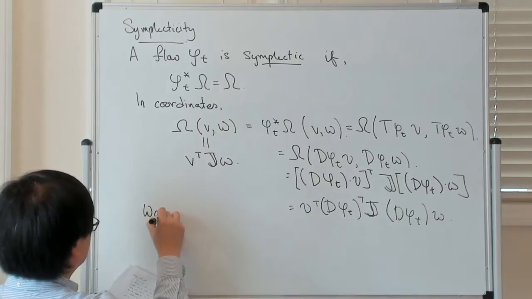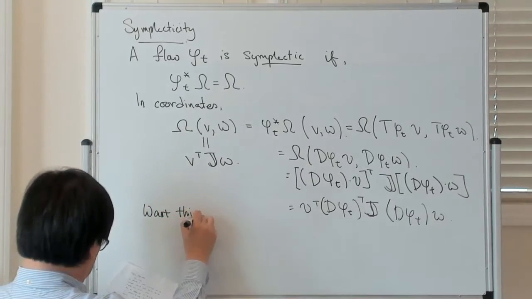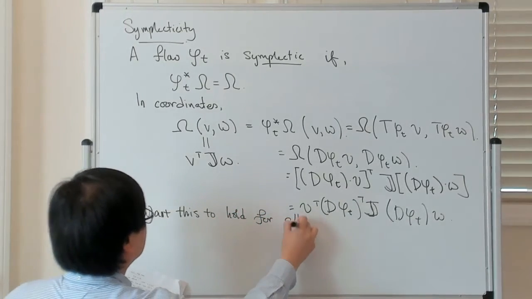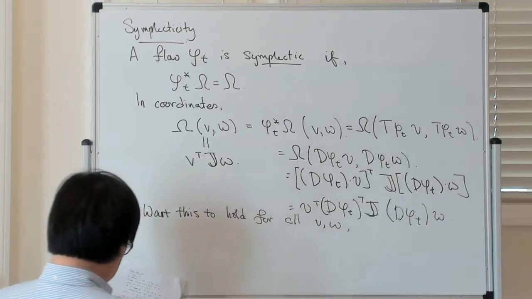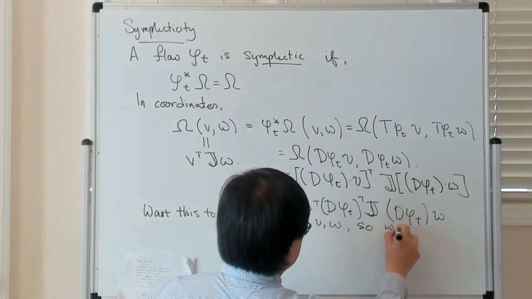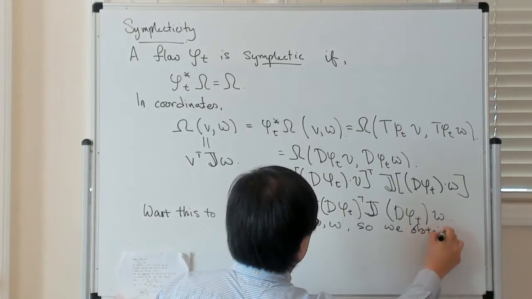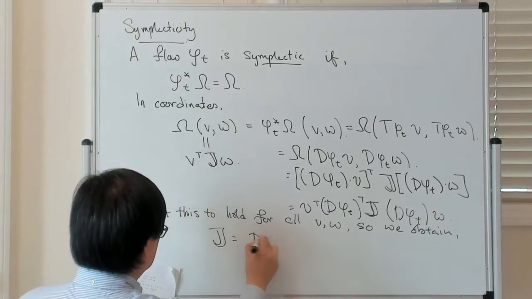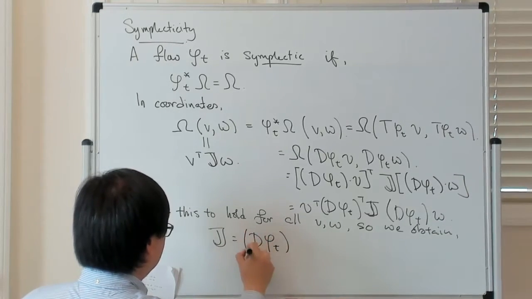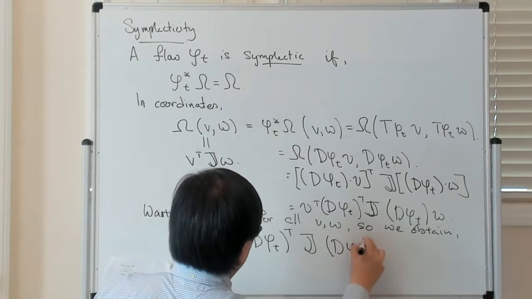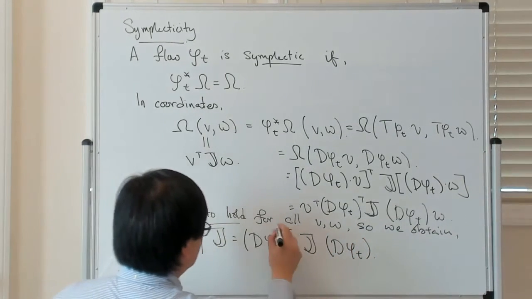So you want this to hold for all v and w. Okay, so we obtain the condition that J is equal to the linearization of the flow map transpose J, the linearization of the flow map. So this is the condition.